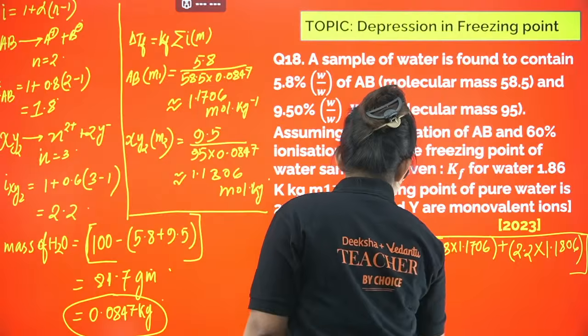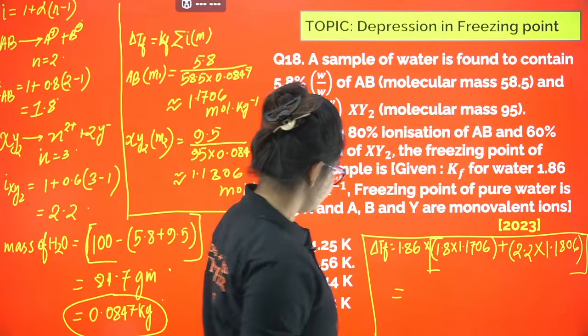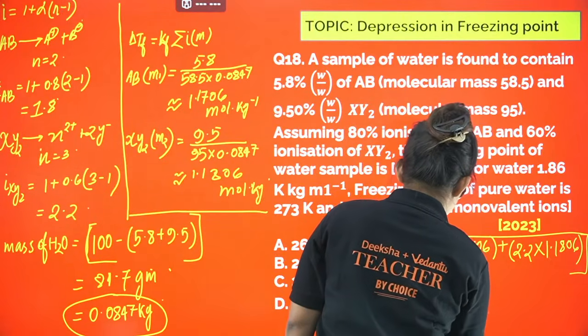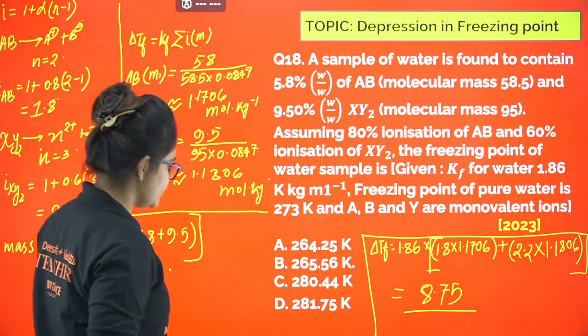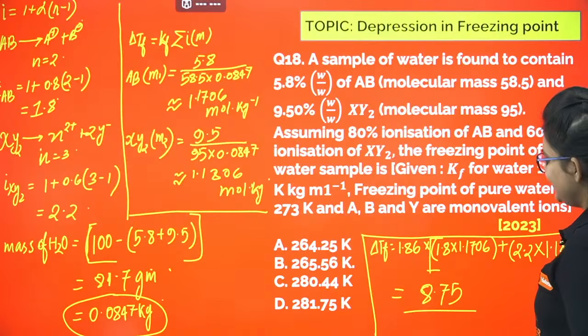Okay, now I'm not wasting time by calculating, I'm simply telling you the value. If you calculate the entire thing, it will come up to be 8.75. So this is my delta TF.